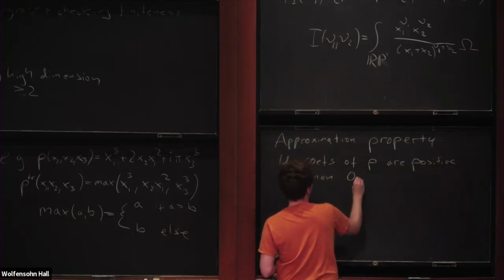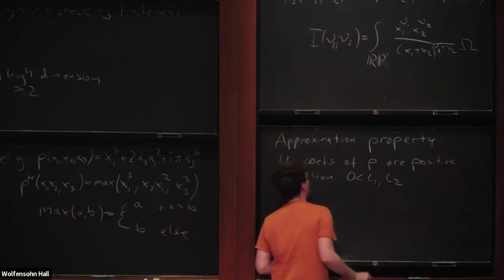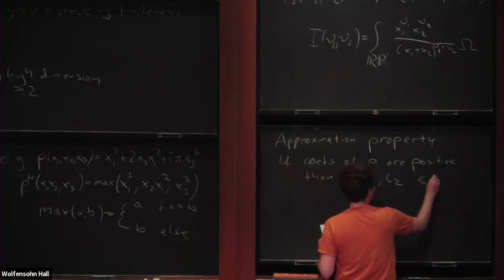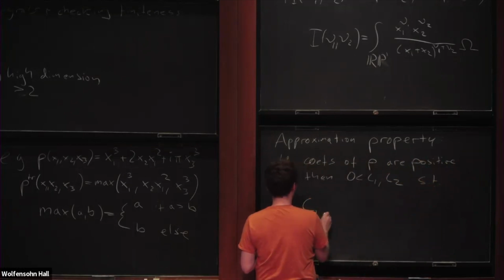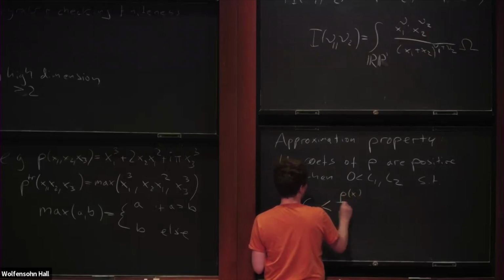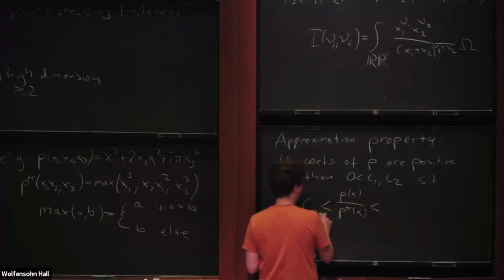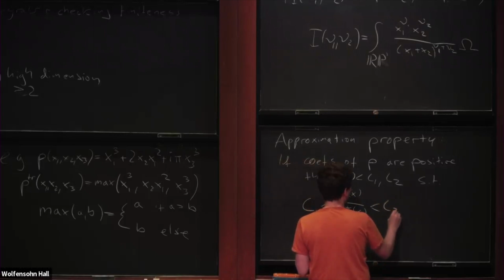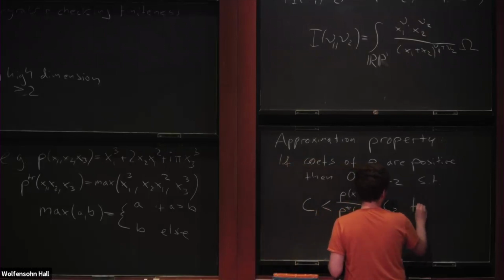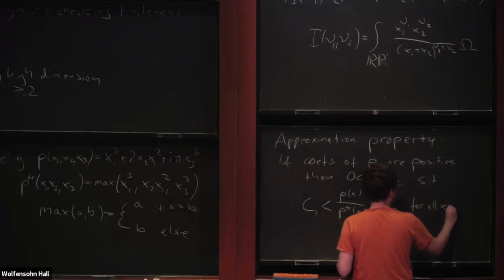there are two numbers, C1 and C2, both larger than 0, such that C1 is strictly smaller than the ratio of P over P trop of X, and C2 is strictly larger than this ratio, for all X in R_+^(n-1).